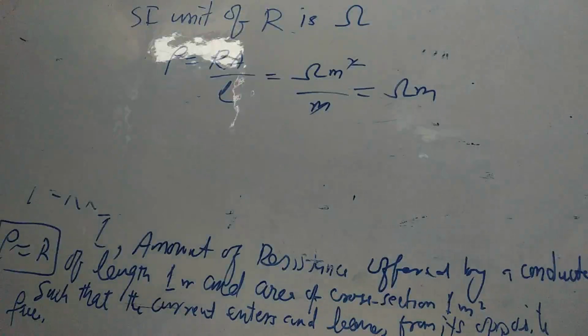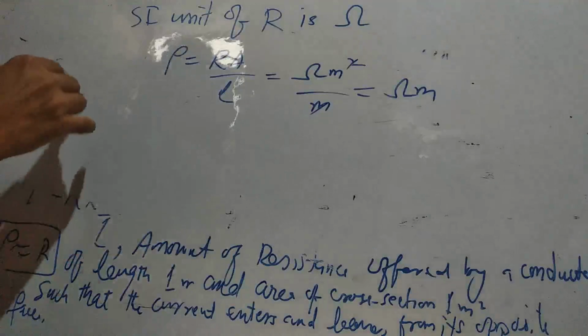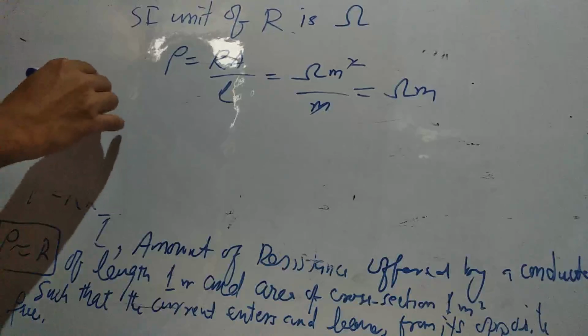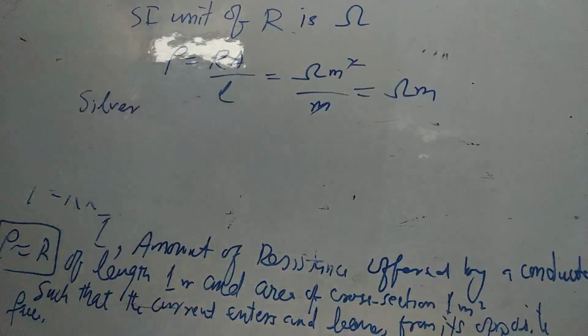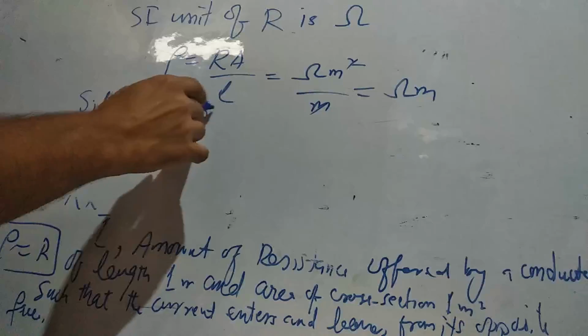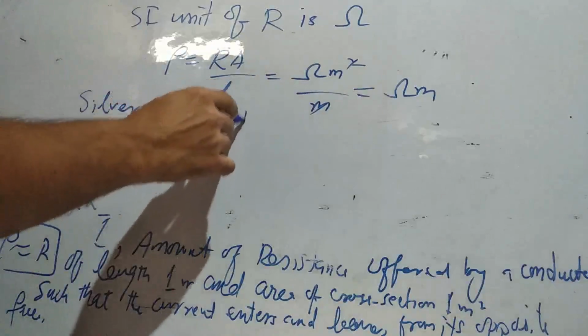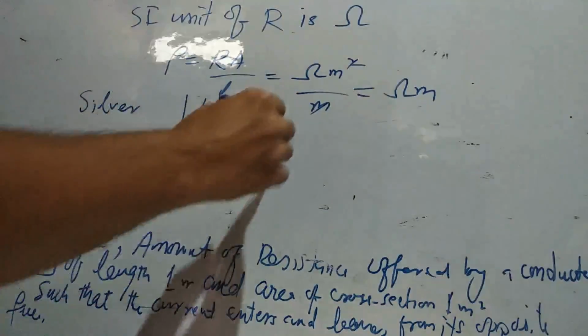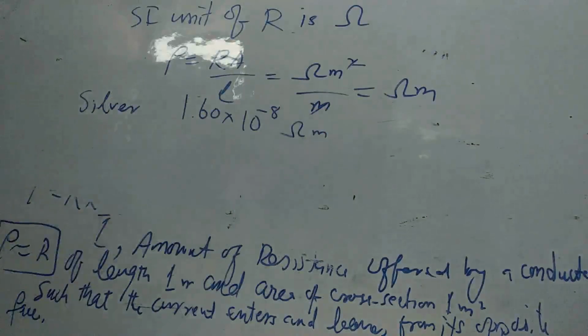And resistivity of a material varies with temperature. An increase in temperature results in an increase in resistivity in the case of ohmic conductors. For example, we have the material silver. Its resistivity is about 1.60 into 10⁻⁸ ohm meter.